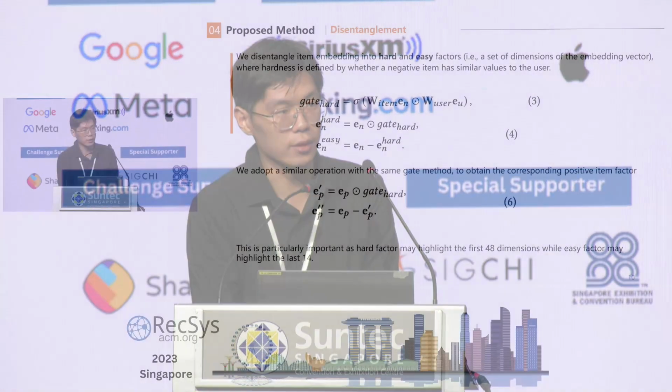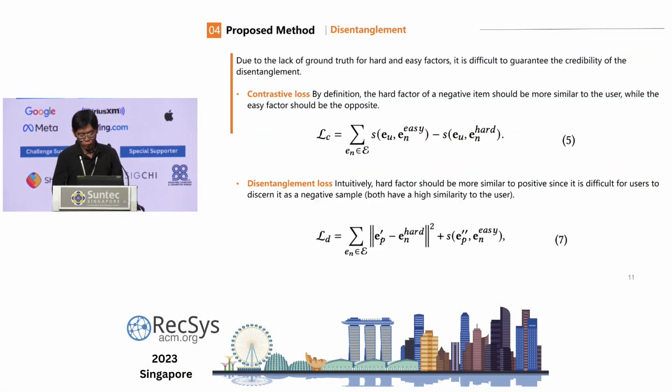You can see we use a gate to do a Hadamard product to get some dimensions, and we design two additional loss functions to regulate the disentanglement part. So if you want to disentangle, you can replace this method with your own methods. It's just our implementation.